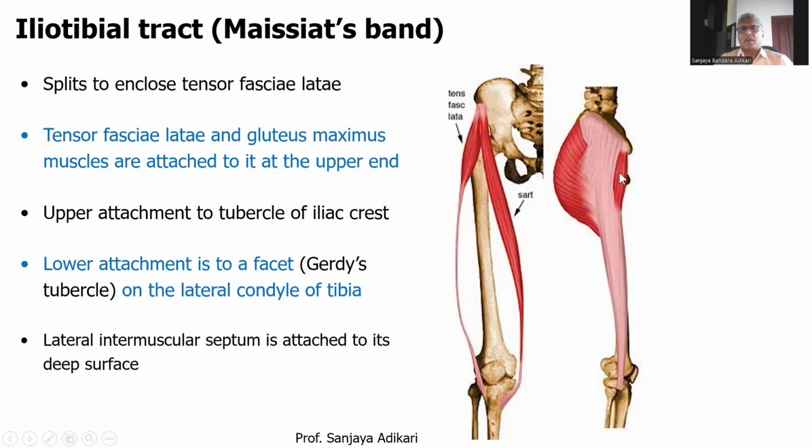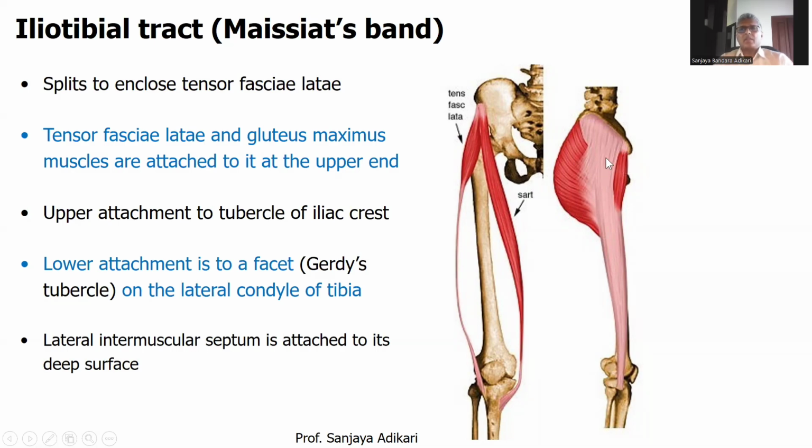Now the tensor fasciae latae is fully inserted into the iliotibial tract. Gluteus maximus, most of it is inserted into the iliotibial tract, and the gluteus maximus acts on the hip joint mainly, and indirectly at the knee joint.